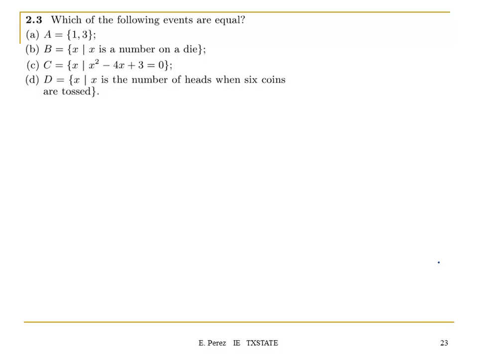Which of the following events are equal? So again, you have to define the sample space for each one of the options. So the first one is already defined. It's 1 and 3. The second one, x is the number on a die. So one of the options for that one is the sample space will go from 1 to 6.